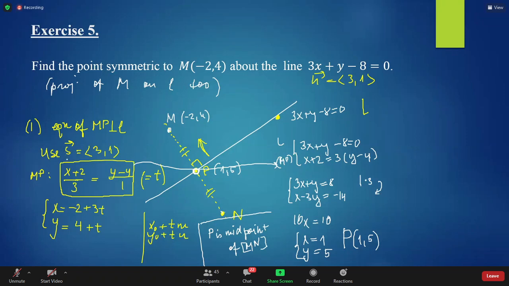So that would be 1, that is x of midpoint, equals -2 plus x of N divided by 2, which means x will be what? 4. And the second coordinate, 5 of P, equals the y coordinate 4 of M plus y of N divided by 2, which means y is 6.